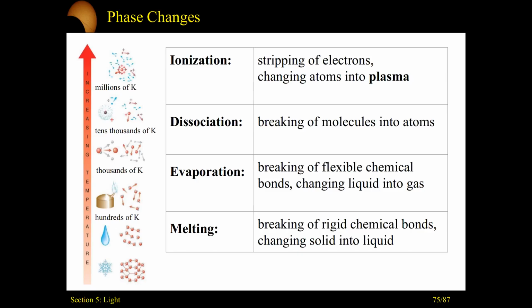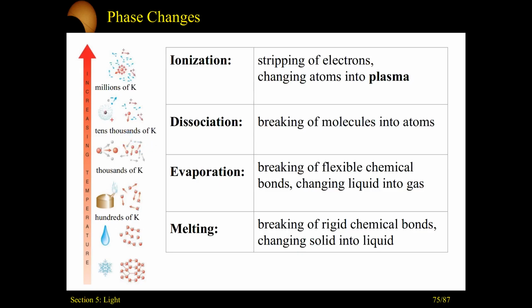What we mean here is that we are starting to break the molecules apart. The water molecules, even when they were vapor and gas, were still H2O. Once you start to dissociate, the atomic bonds between hydrogen and oxygen are breaking. So now we just have atoms of oxygen and hydrogen floating around.